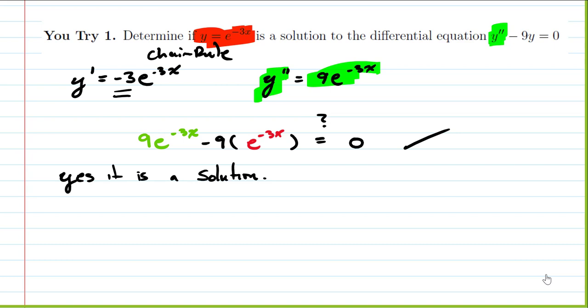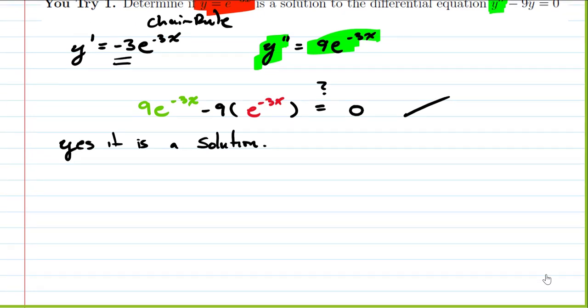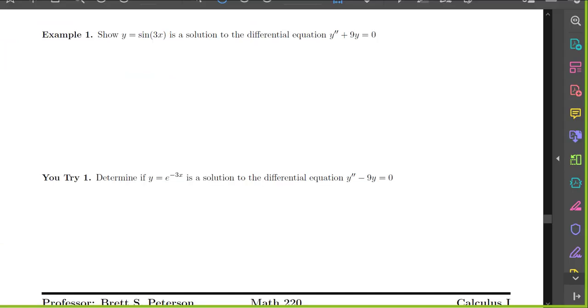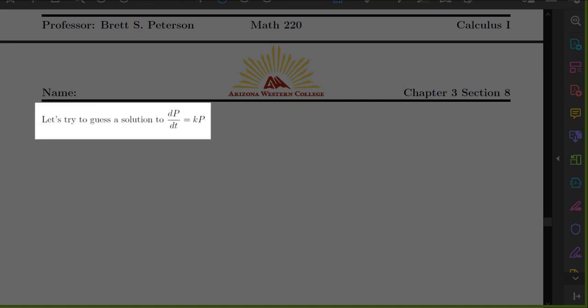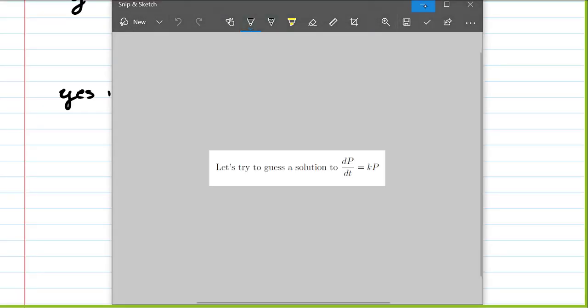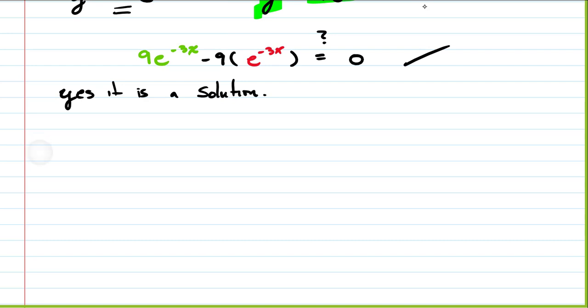All right. So we can check that something is a solution to a differential equation by just plugging it in. So we are not going to spend time in this class trying to solve differential equations. That is a topic for another class.